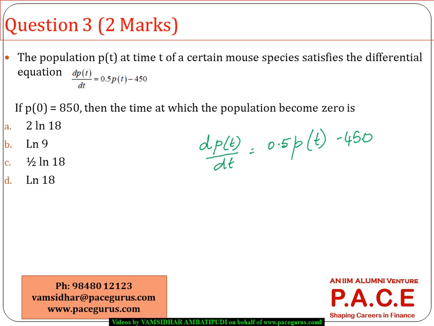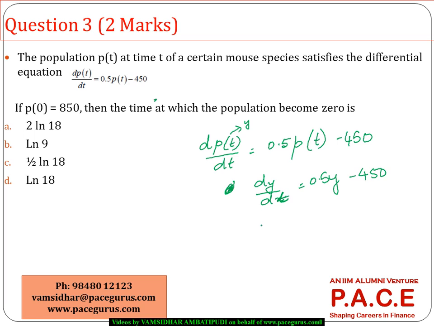So solving this, what we should look at is this is of the form. For simplification, I suggest P of T, take it as Y. So probably I can write it as dy by dt is equal to 0.5y minus 450.